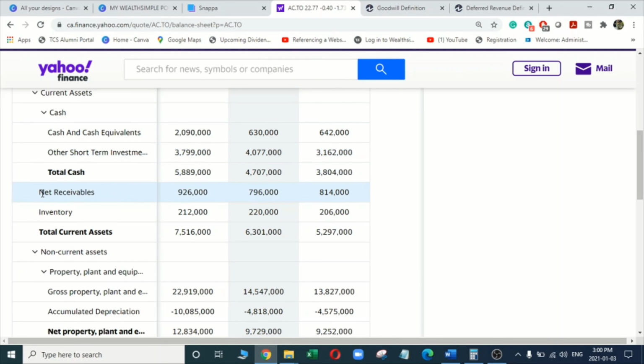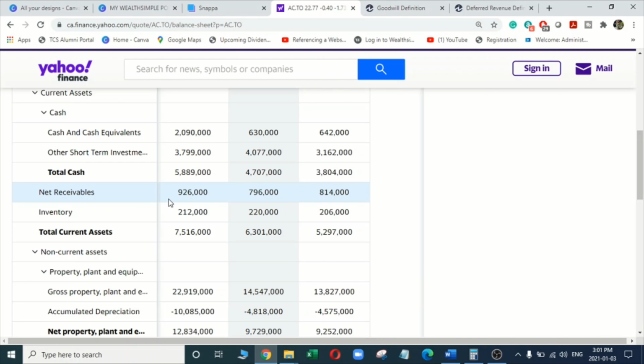And then we have net receivables. This is the second term, which means the money that the company is going to have in future. This is the money that the company is owed by its different debtors basically. That means the price that the company will receive in the future.